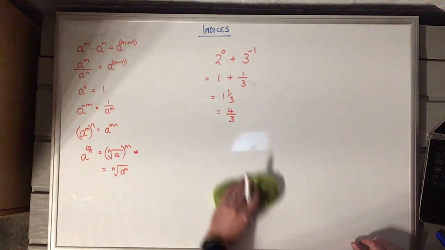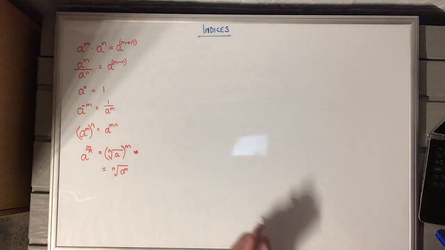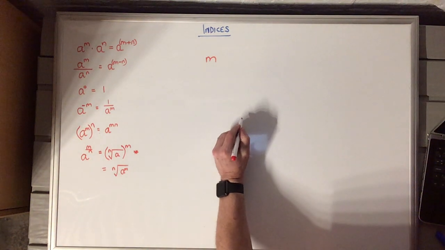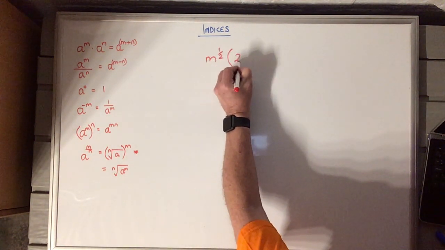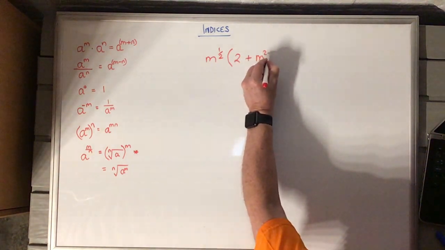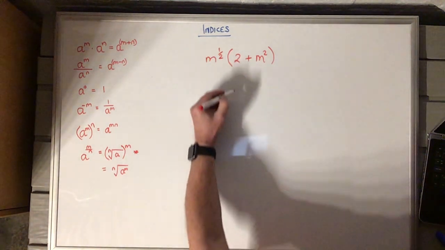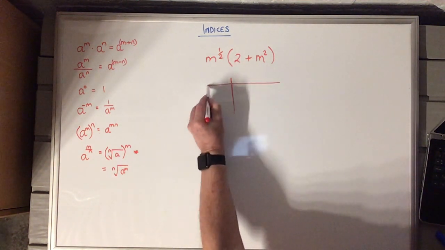So let's look at another one. Let's look at ones with brackets in it. Brackets are quite common to come up. So m to the power of half, bracket 2 plus m to the power 2. Well, we could do the grid method for that, and I think I will do the grid method because in our school we use a grid method.